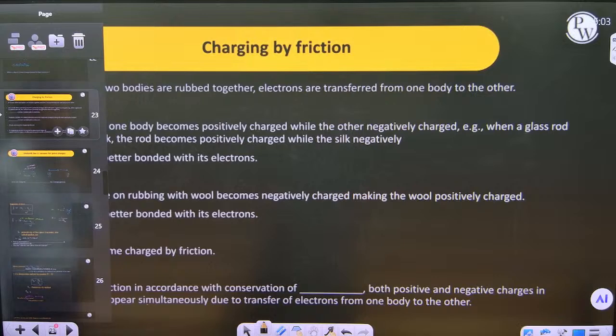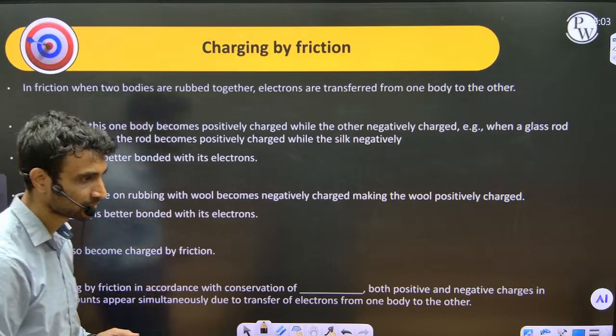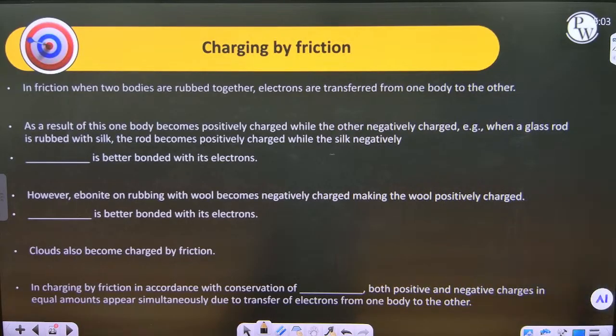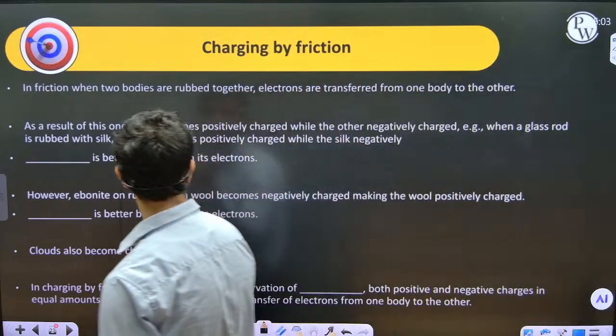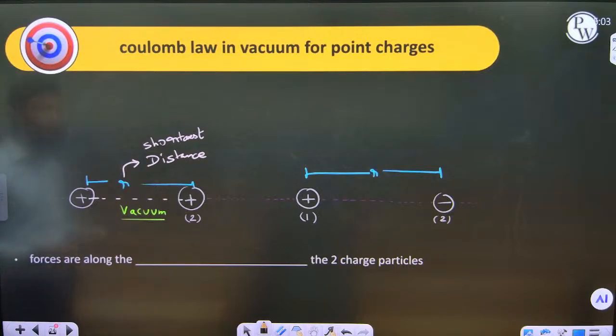Charging by friction. We had completed charging by friction, right? Now let us see Coulomb's law for point charges.